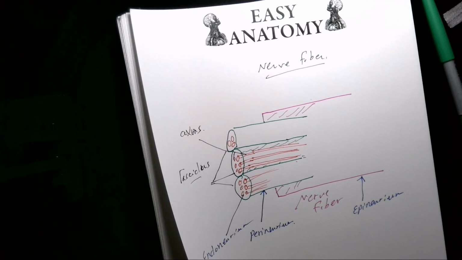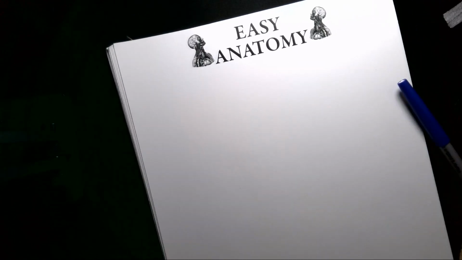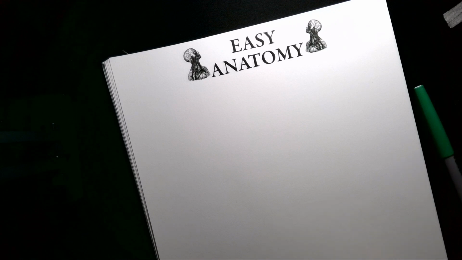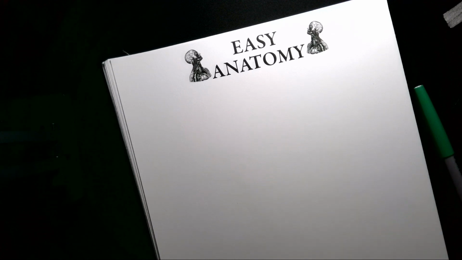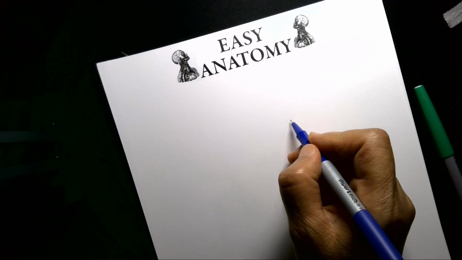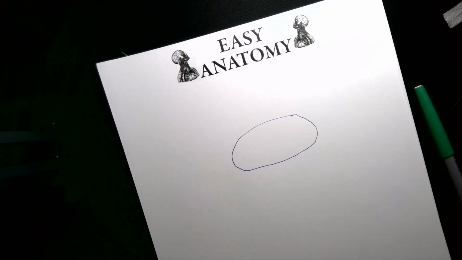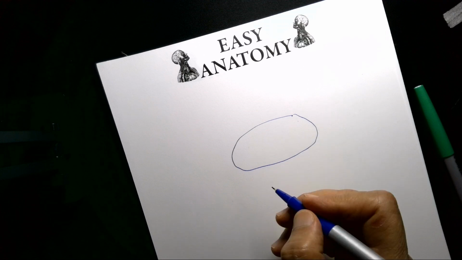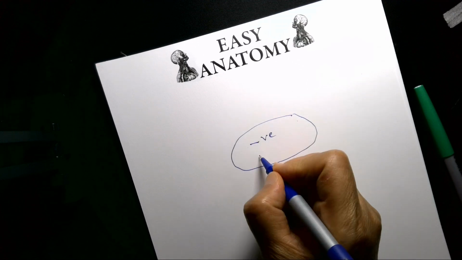Neurons under resting potential, the action potential. If we talk about the action potential and how a neuron is going to respond to stimulation, it's very important to keep in mind that the neuron is negatively charged from inside, about minus 70 millivolts.